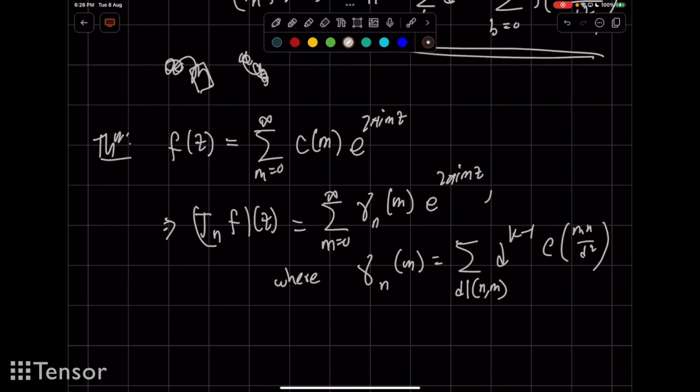This notation is more convenient for me because writing a sub mn over d squared is difficult.